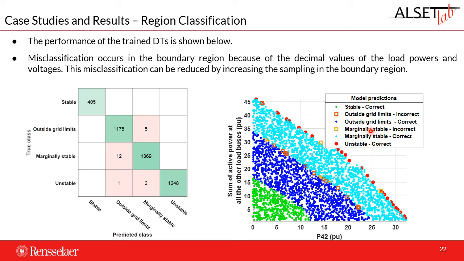And you have marginally stable in the yellow squares. The misclassifications are not that bad if you take into account the number of cases that we're evaluating. So the accuracy is pretty good, but you can also see the number of samples that we're thinking are quite massive for the training with this region classification method.